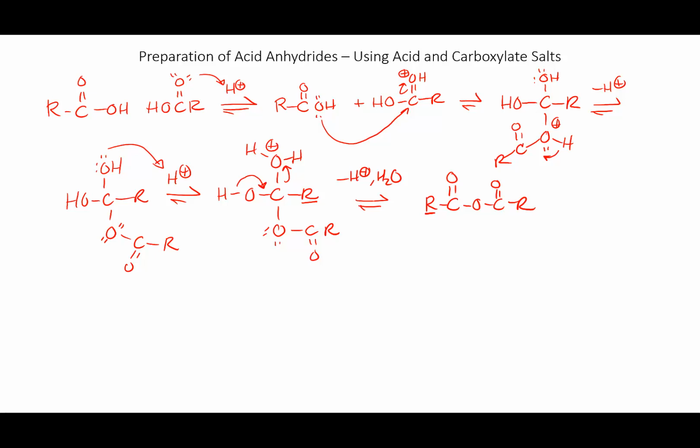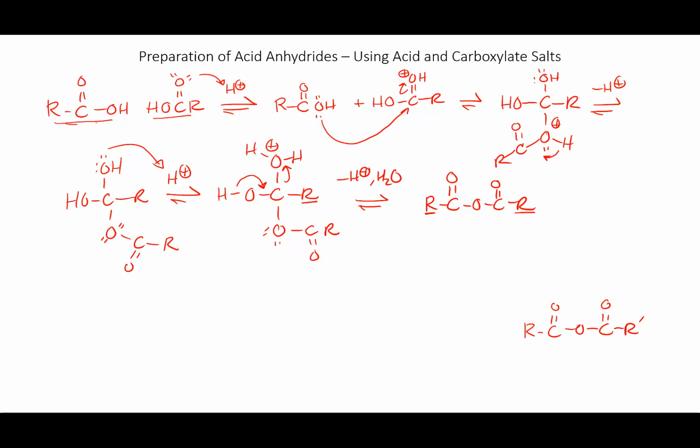Now, usually we use two equivalents of the same carboxylic acid so that we basically make a symmetrical anhydride. If you wanted to make an unsymmetrical anhydride, like an anhydride that has a methyl group on one side and maybe an ethyl group on the other, this would not be the ideal mechanism, because when you mix those two acids together, you can think about the combinations that would occur.